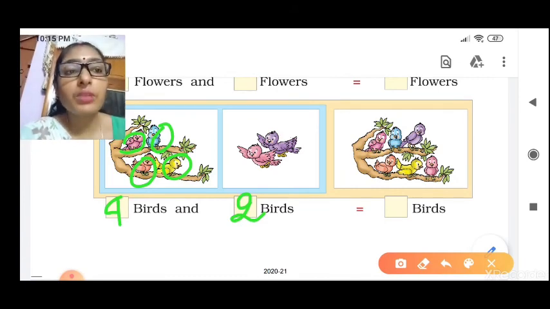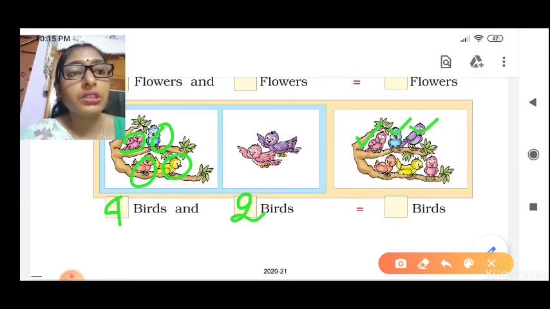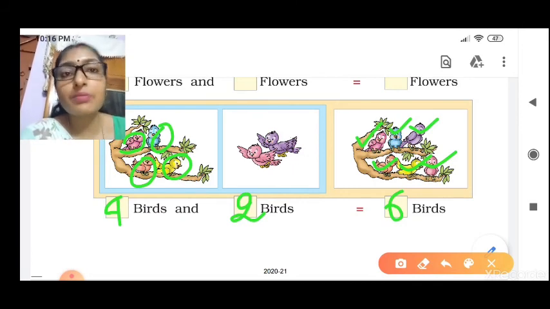Then these 2 birds join these 4 birds. So how many birds are there on the branch now? 1, 2, 3, 4, 5, 6. So now we have 6 birds. That means 4 birds and 2 birds is equal to altogether 6 birds.